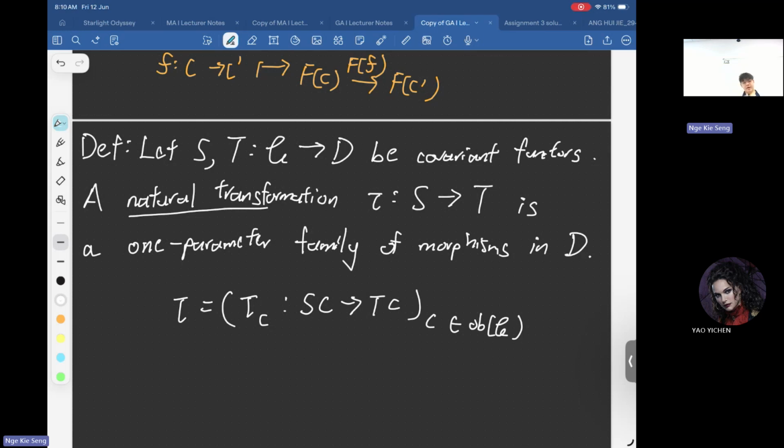So you need to tell me a map between maps, right? This map should act on some object. So I need to see where S goes first, and then I tell you how you go to TC. And then SC and TC are something in D, right? So altogether, I have a map in D.